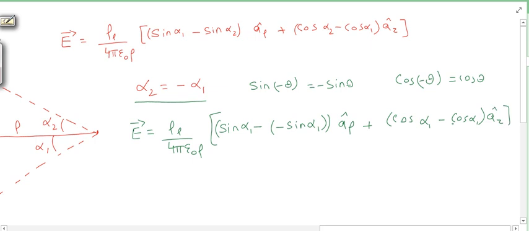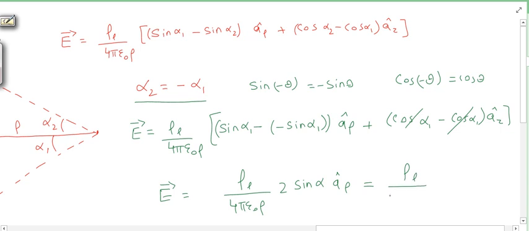So here you can see that this cos alpha 1 and cos alpha 1 will cancel, and the remaining thing is minus of minus will become plus, and sin alpha 1 plus sin alpha 1 will become 2 sin alpha 1. So the final formula for this case will become rho L by 4 pi epsilon naught rho, here it will be 2 sin alpha a_rho cap, which we can write as rho L by 2 pi epsilon naught rho sin alpha 1 a_rho cap.